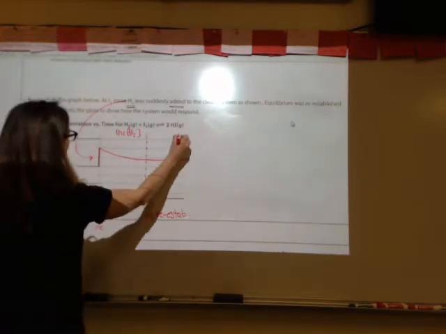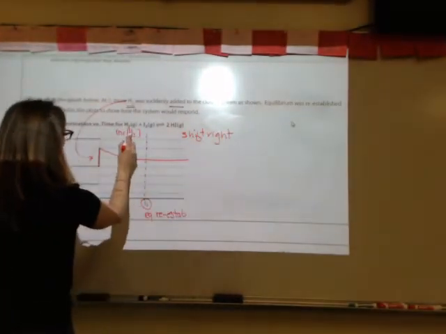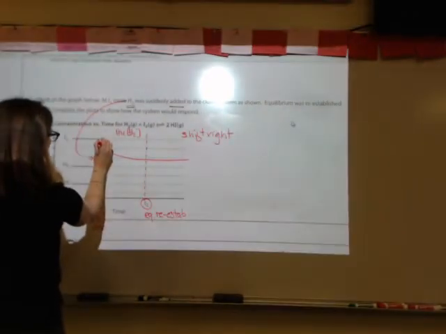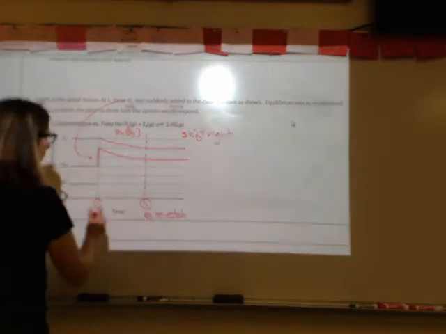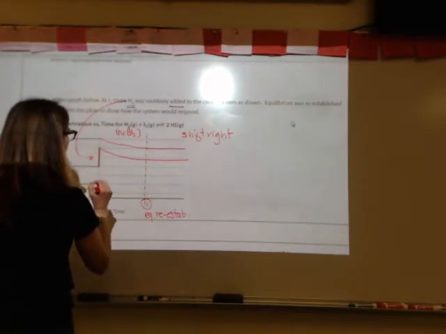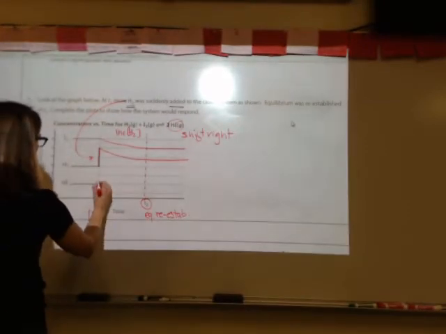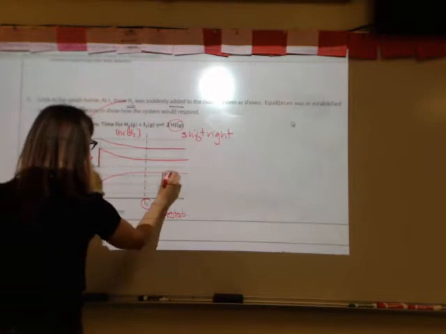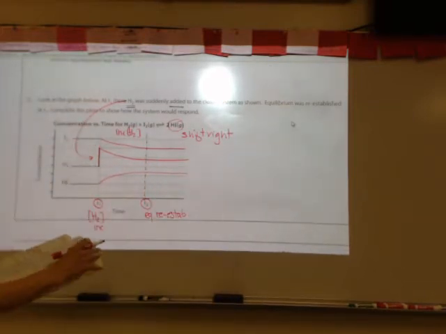Now, since I am shifting to the right to consume some of this, my I2 concentration, which is here, is going to have to come down. And then it's leveled off at T2. And my HI concentration, as I shift to the right, is going to increase. So this is going to come up. And it's leveled off at T2. Okay?